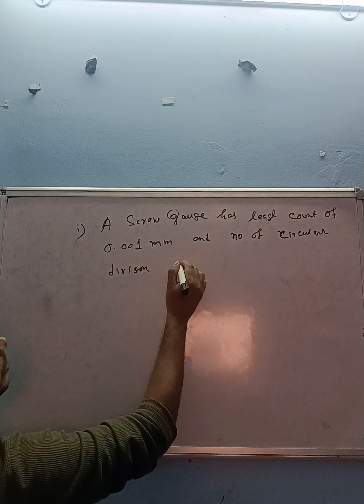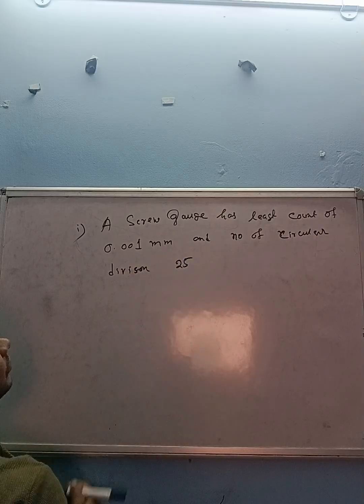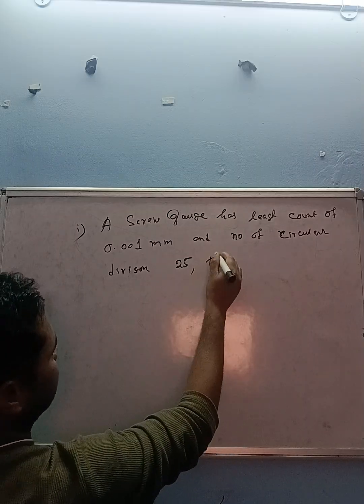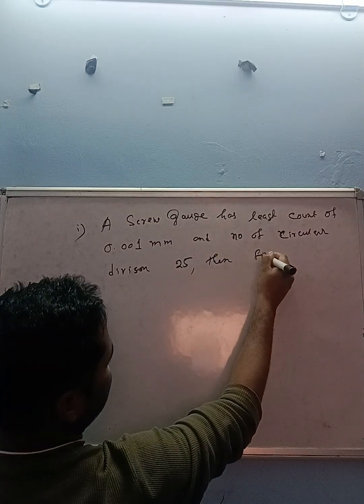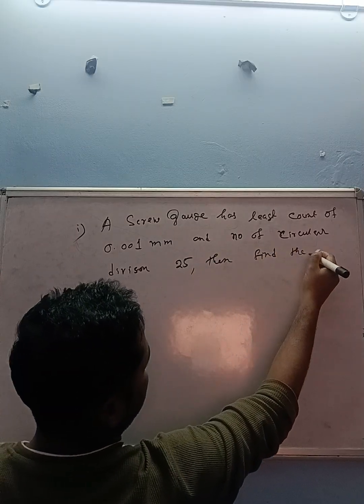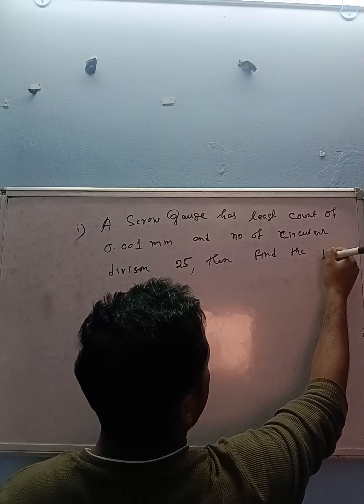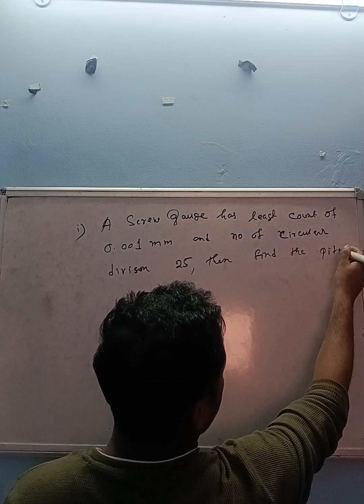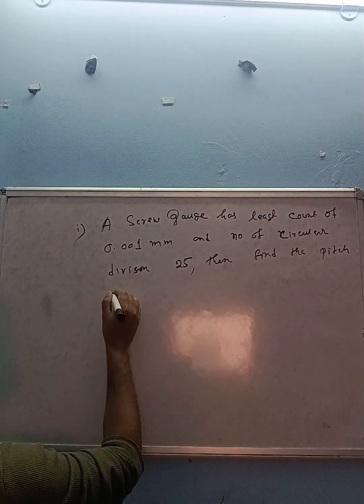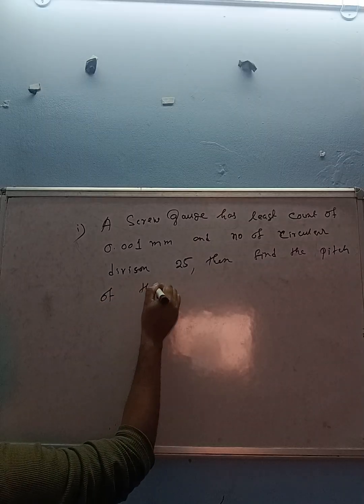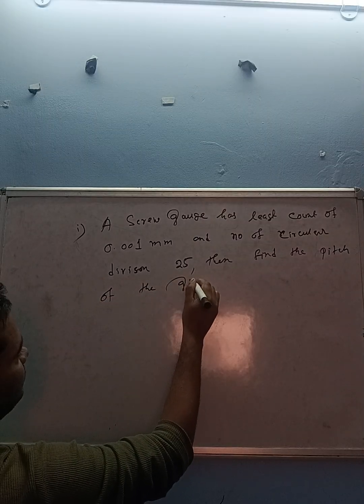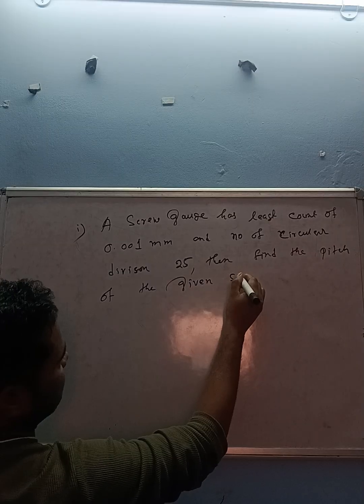Division, suppose 25. Then find the pitch of the given screw gauge.